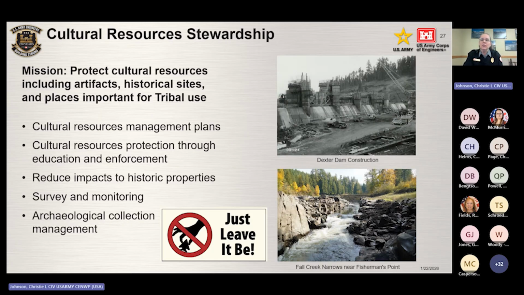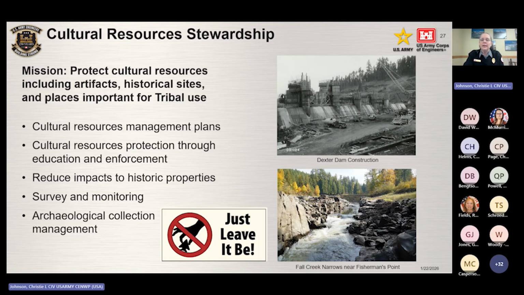Cultural resource stewardship is an equal and integral part of all resource management at Corps reservoirs. Now, for the purposes of the master plan, the term cultural resources is a broad term that typically includes historic and pre-contact archaeological sites and artifacts. It also includes burials and cemeteries and significant built structures such as bridges and even the dams.